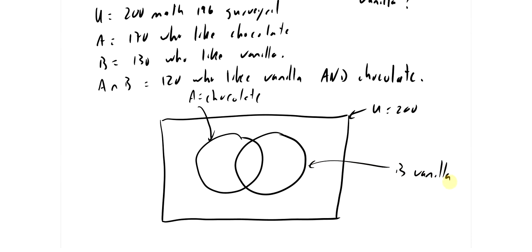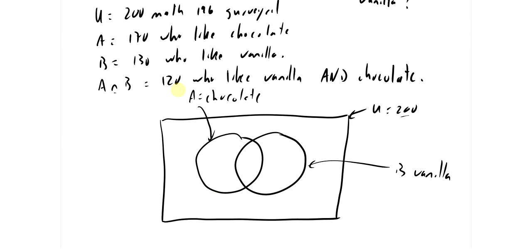Great, so graphically, what are we looking at? B is this set. A intersection B, those are the people who like both. Well, if you think of this box being filled with 200 students standing around, and you make the 130 who like vanilla stand here, and the 170 who like chocolate stand there, then how many are standing in both the circle for vanilla and the circle for chocolate?